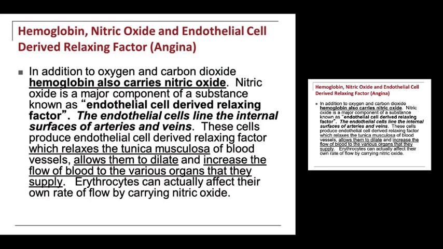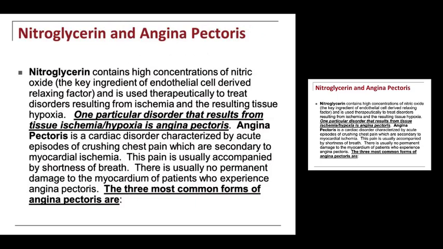If there's constriction within the vessel and that muscle or that organ or the tissue is not receiving oxygen, especially if it's, let's say, the heart, then you can get angina, called angina pectoris, which is chest pain. And that's when an individual would take nitroglycerin, which contains a high concentration of nitric oxide, which is the key ingredient in the endothelial cell-derived relaxing factor.